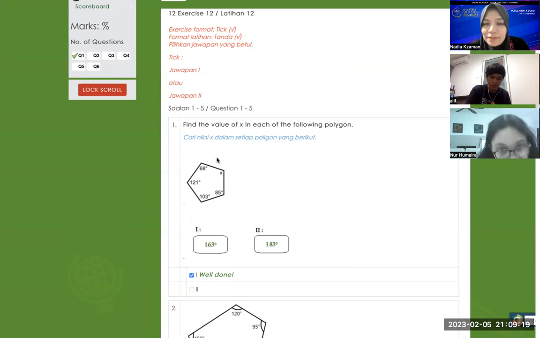Remember what is the formula for sum of interior? Can you share with me? Do you remember the sum of interior?